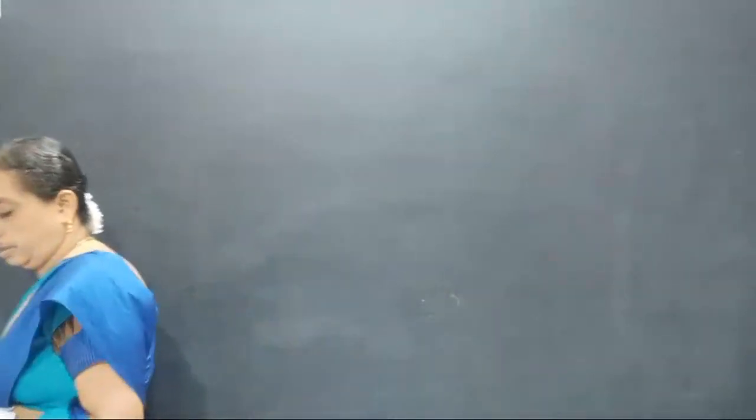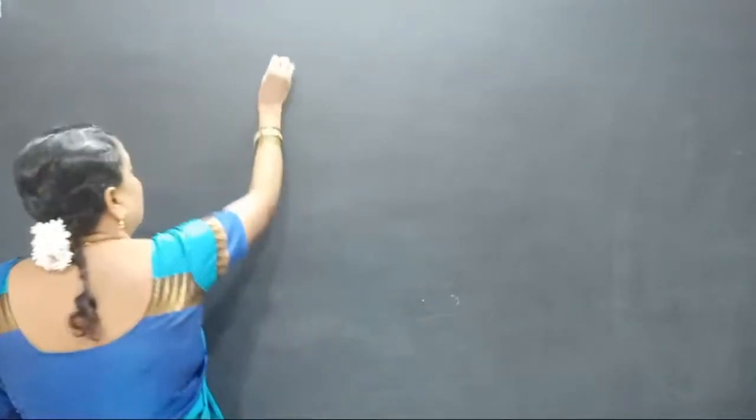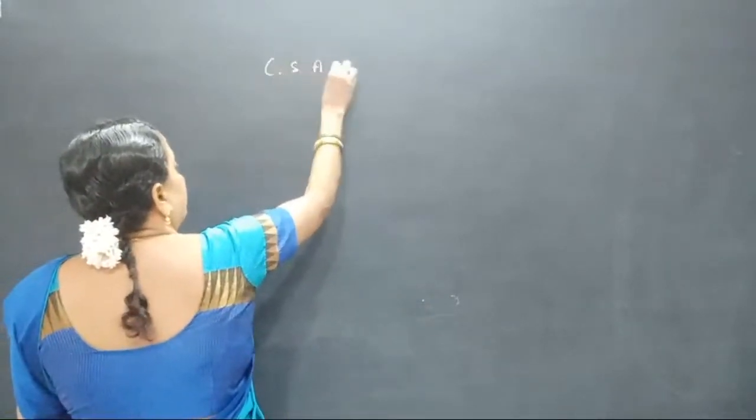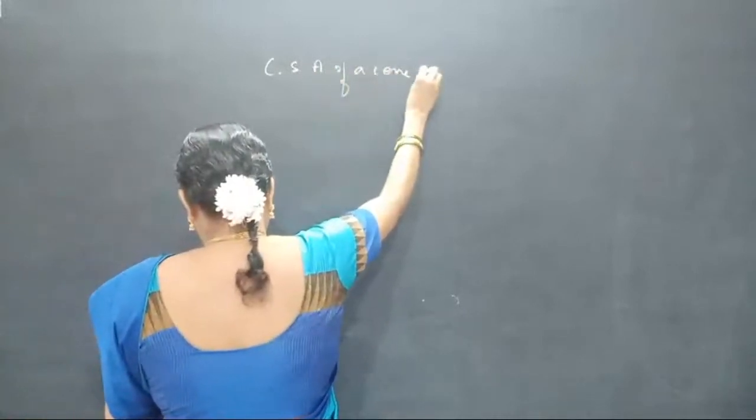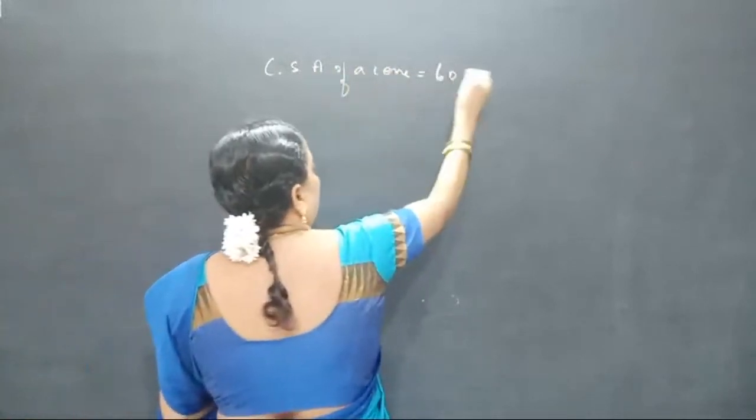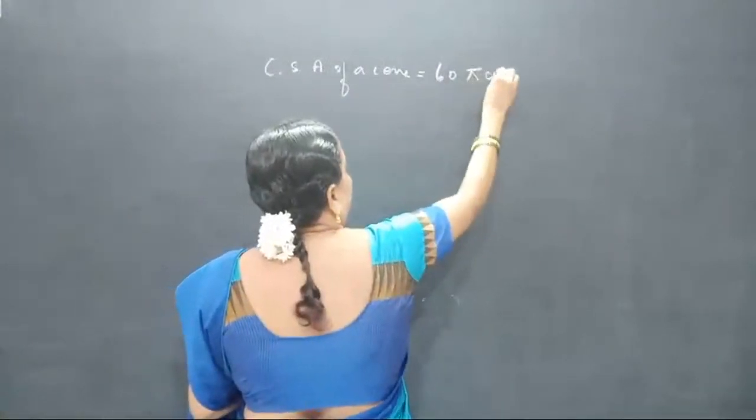Here it is given. The curved surface area of a cone equals 60 pi. Please note down.